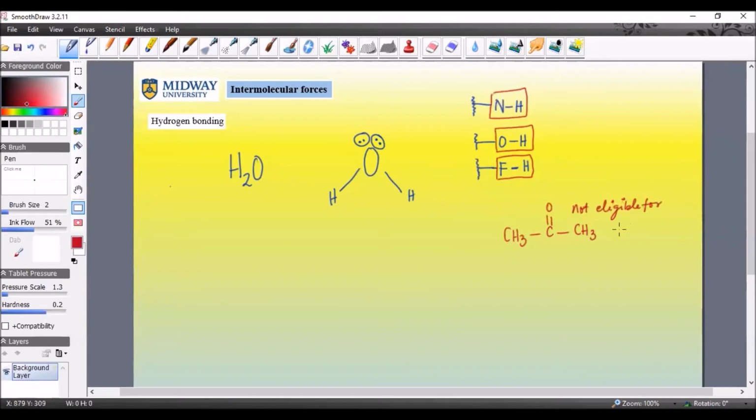If you remember, when I talked about boiling points, I talked about acetone. Acetone is highly volatile, which means it has high vapor pressure and a low boiling point, so it boils very quickly. Why is that the case?